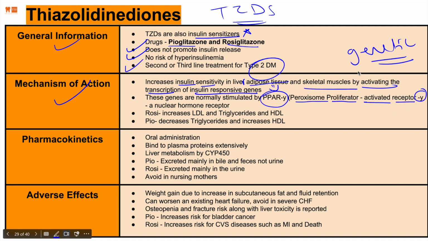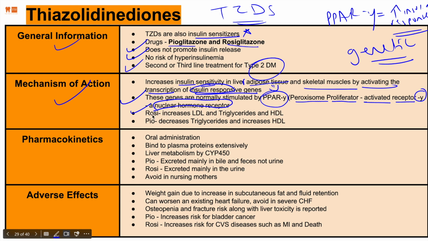Now, why is this so important? Why are we talking about PPAR gamma? Well, because this is a nuclear hormone receptor. It's a stimulator that tells our cells, please become responsive to insulin. Okay? PPAR is an insulin responsiveness stimulator.